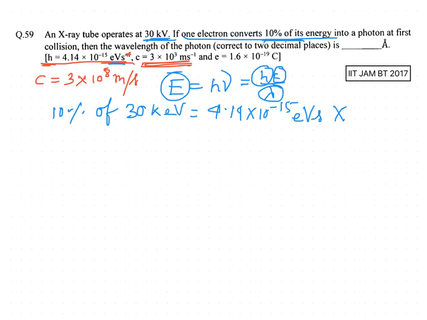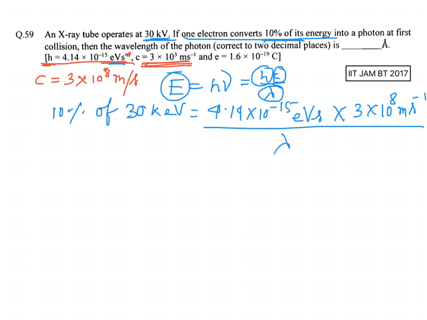If we put the correct value of c, that is 3 times 10 to the power 8 meter per second, divided by lambda.